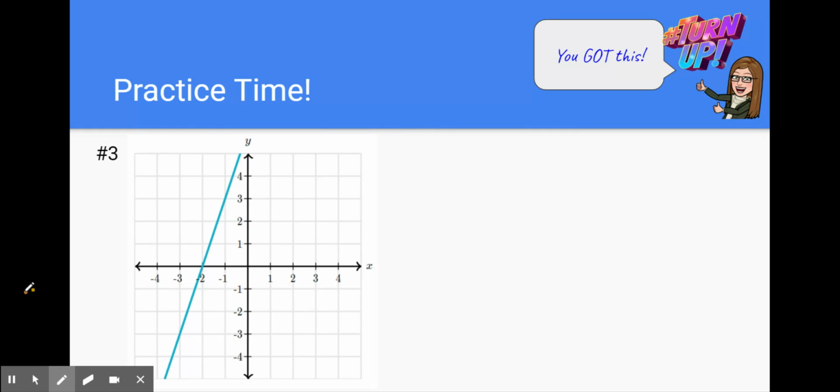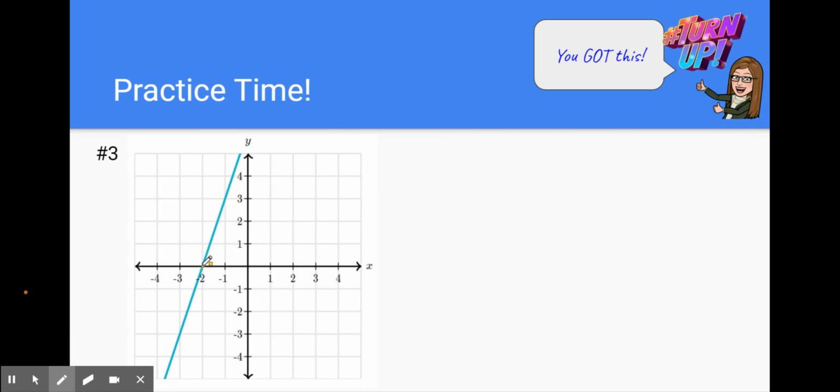Once you have your 2 points, count how much you had to rise, either up or down, and then count how much you had to run left or right.